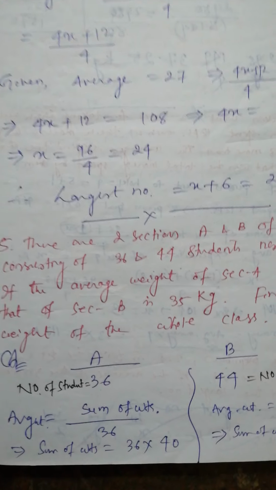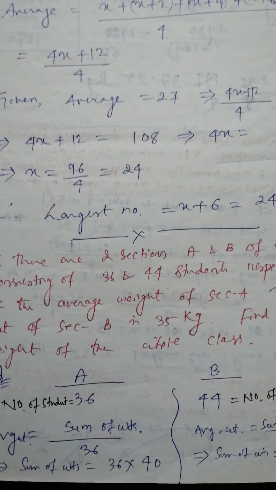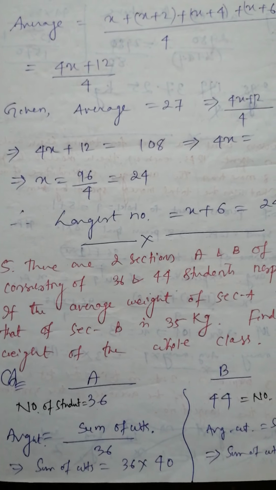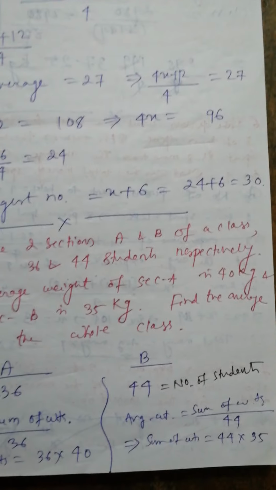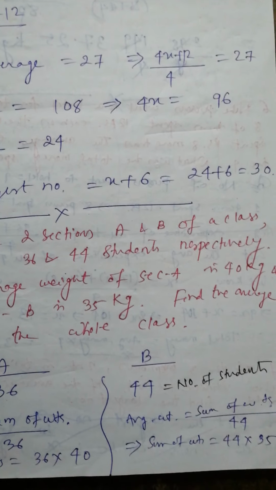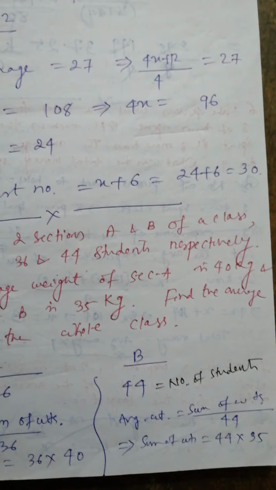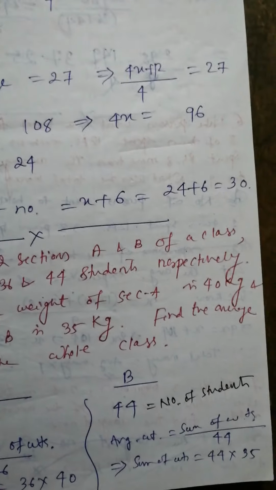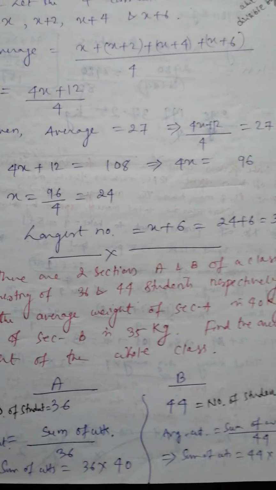So average weight equals sum of weights divided by 36. Because this is the number of observations 36 and the sum of weights we don't know, sum of weights equals 36 into 40. Similarly, for section B, average weight equals sum of weights divided by 44, so sum of weights equals 44 into 35.